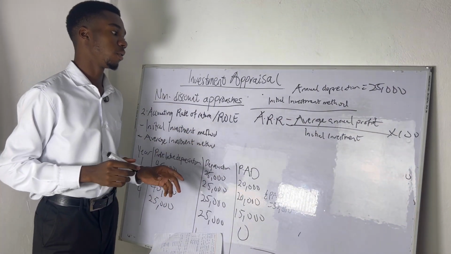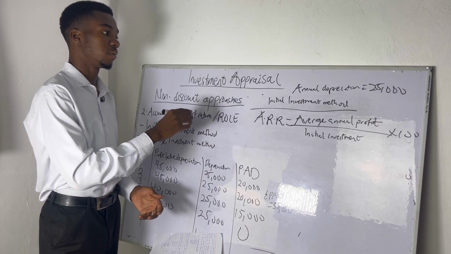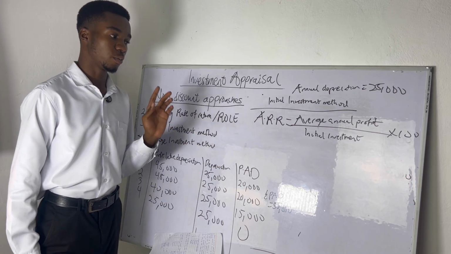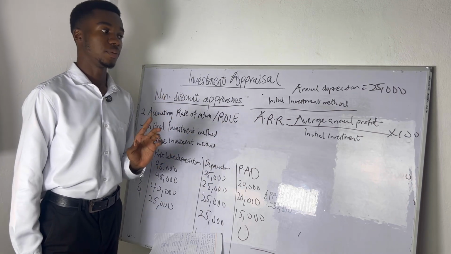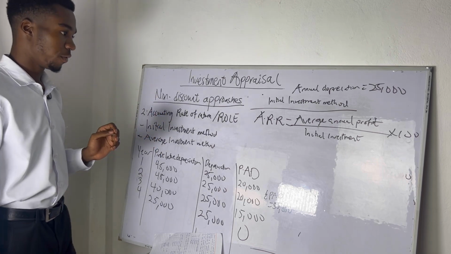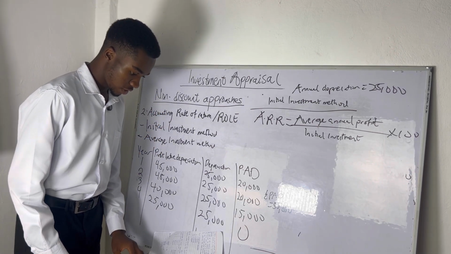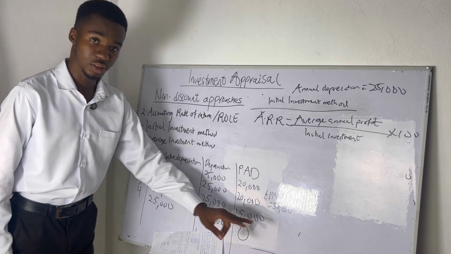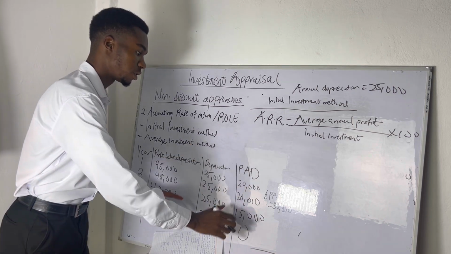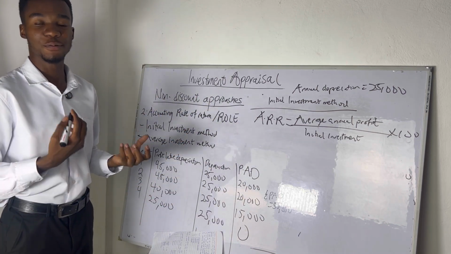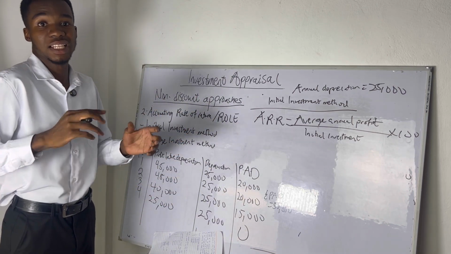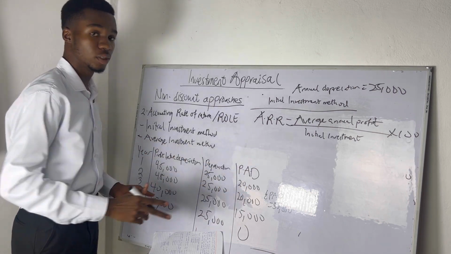So the formula for the ARR using the initial investment method is the average annual profit over the initial investment times 100. What is the average annual profit? The average annual profit is 55,000 over 4, because this is the profit you are getting for all the years. We want to see the average, meaning every year, what are we likely to get, looking at all of them.